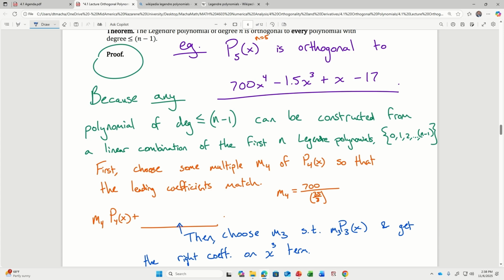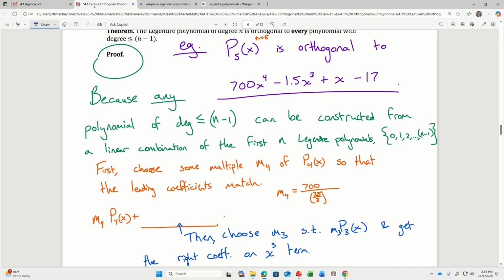And then I would just have a constant term. If I want the constant term to be exactly negative 17, I just add some multiple of the degree 0 Legendre polynomial. And so I can express any polynomial as a linear combination of Legendre polynomials up to that degree.